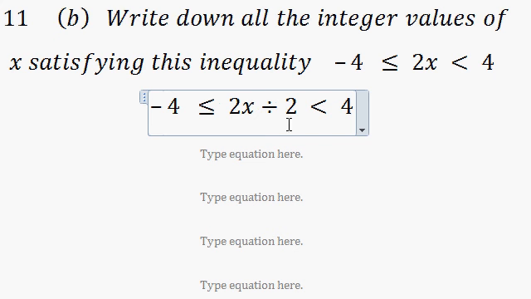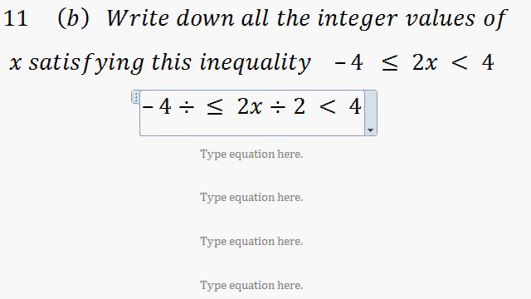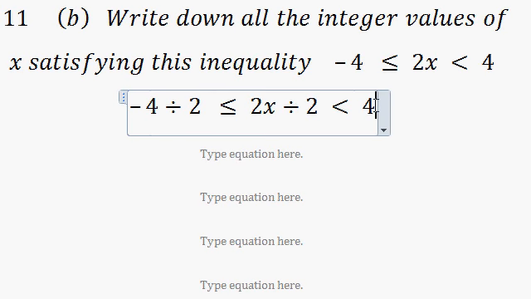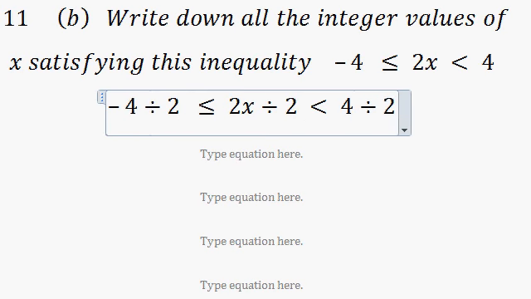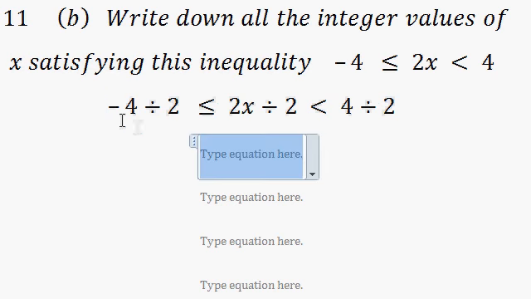So 2x divided by 2. To keep the values and the relationships the same as they are now, I also have to divide minus 4 by 2. I also have to divide 4 by 2. So let's simplify this.